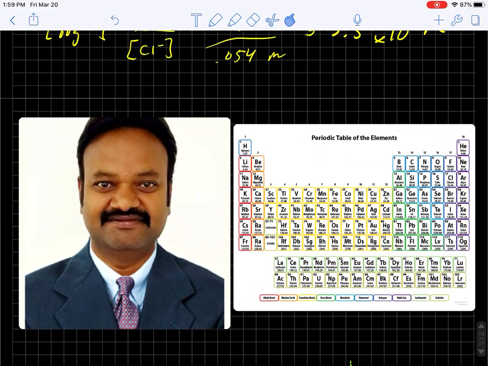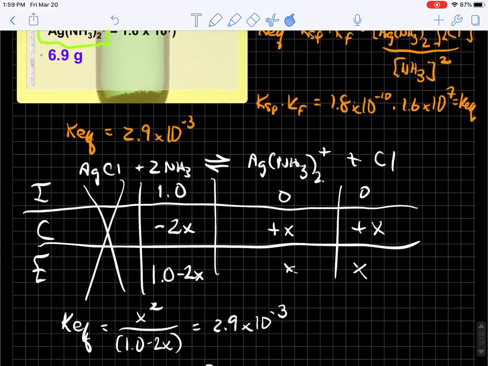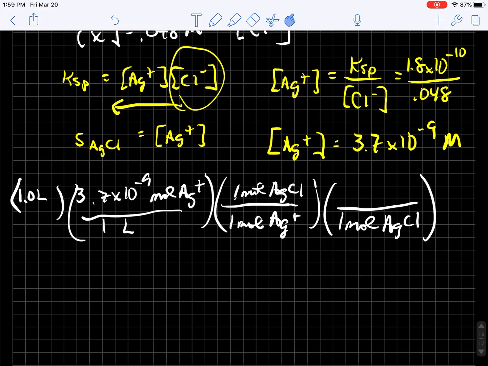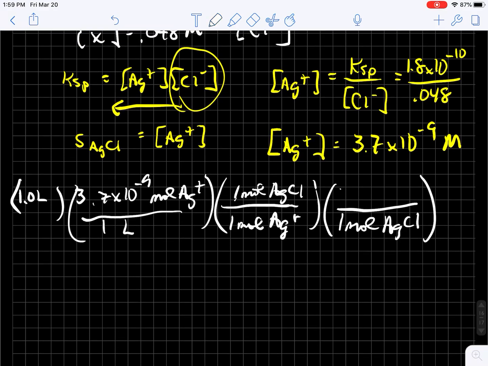I get 143.323 grams of silver chloride. All right, so let's multiply that out. So we're going to take that and multiply it by 3.7 exponential negative 9. And I get a totally messed up answer, of course.